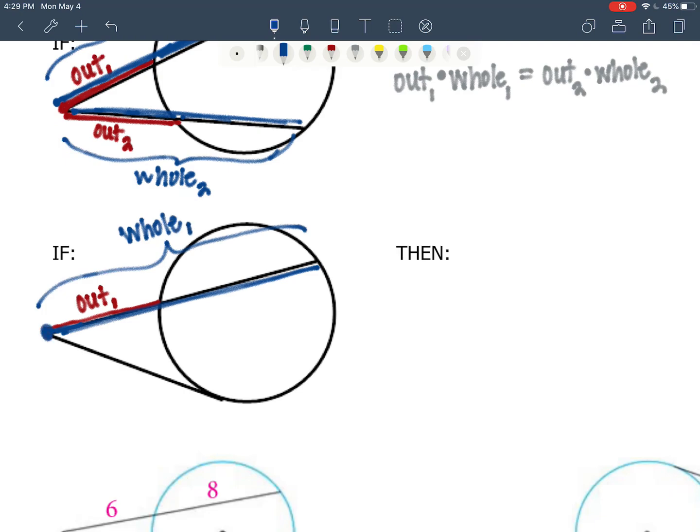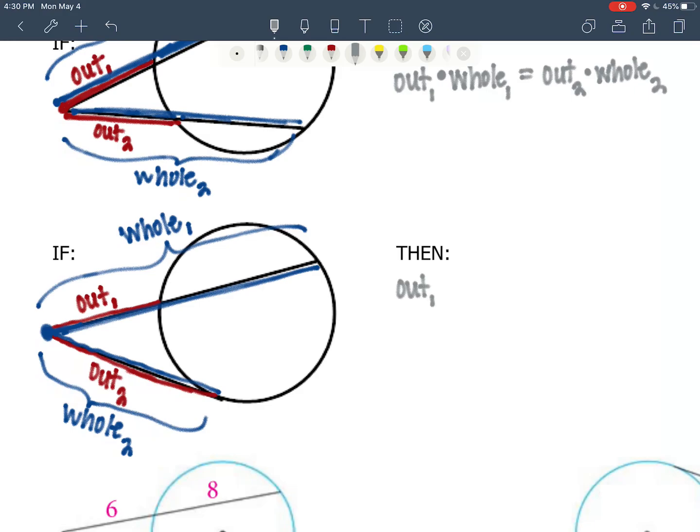And they meet at a point outside the circle. And then we have the second one, which happens to be a tangent. But it has an outer part too, and it also has a whole part. And that whole part happens to be the same length as the outer part. But that's okay, because the formula is still the same.